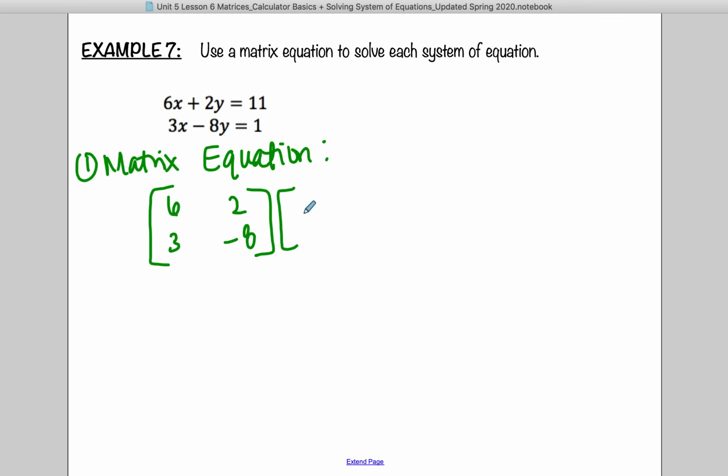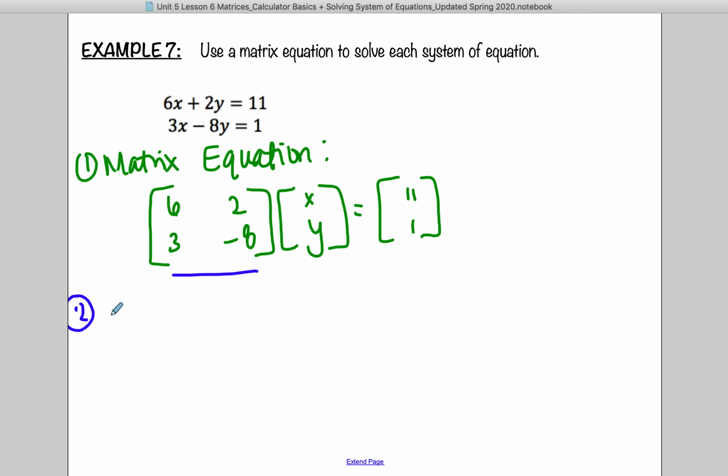Then I have my variables, x and y, equals the constants, 11 and 1. Now, I want to get rid of this matrix because I only want my variables. The way that I get rid of it is I multiply both sides by its inverse.